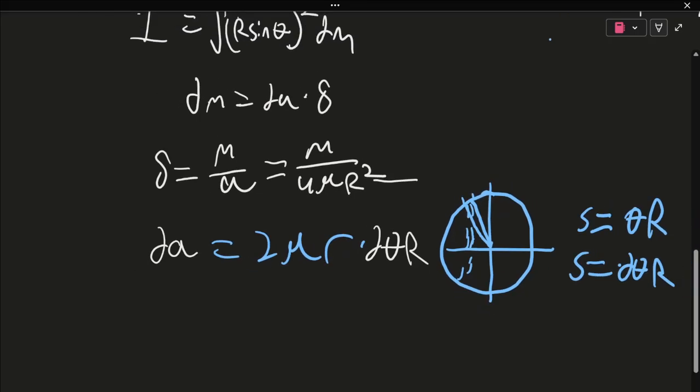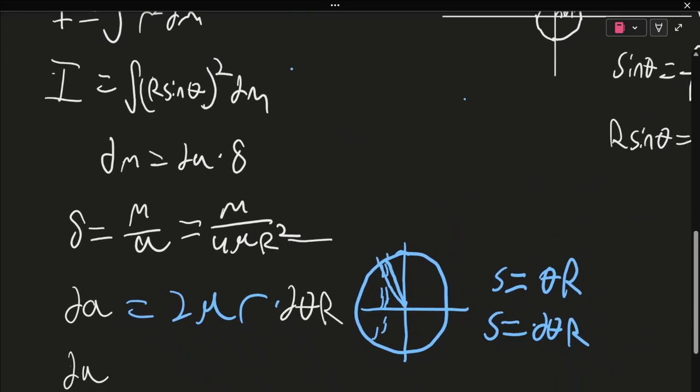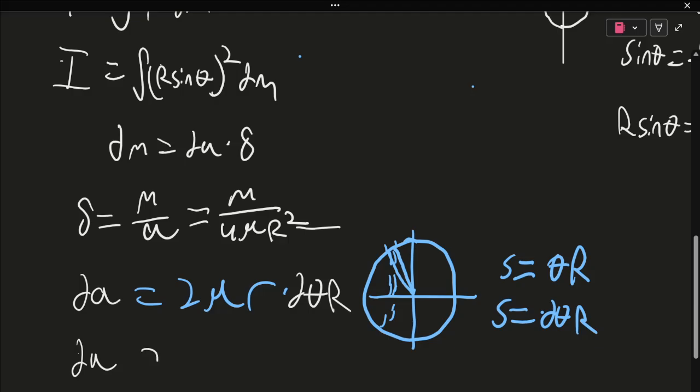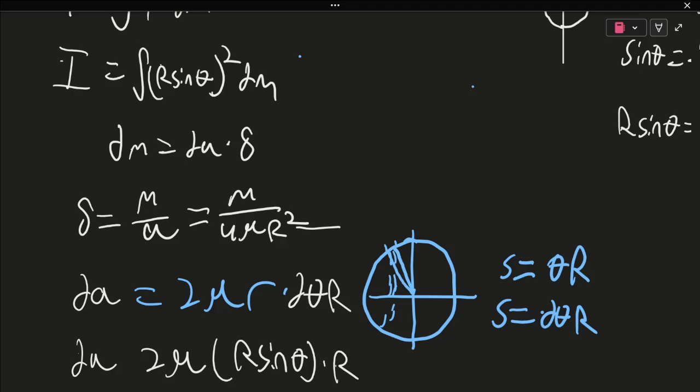And now we can actually go ahead and plug in our value for r earlier. So 2 pi times, and we're going to plug this in, r sine theta times r times d theta.